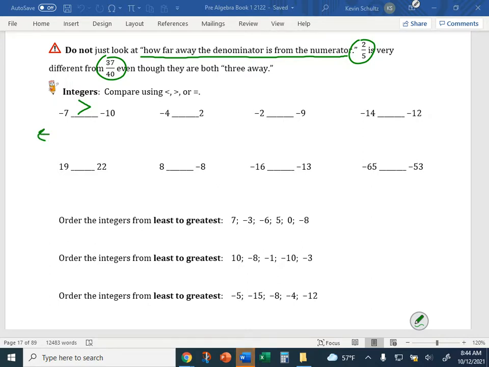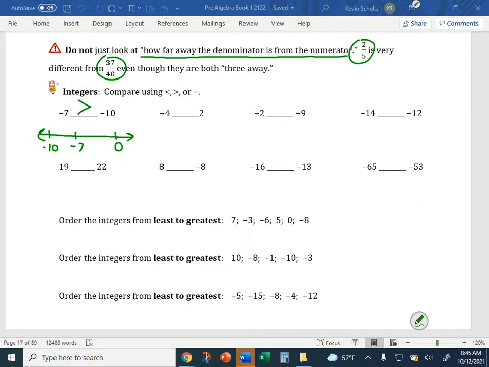And we talked about using a number line to help us here. You don't necessarily have to write this out, but thinking of a number line, let's put 0 here. I'm dealing with negative values, so I'm going to put my 0 over on the right side, so I'm not going to have to go positive. But where is -7 and where is -10? Well, -7 is 7 units away from 0. -10 is 10 units away from 0, right?